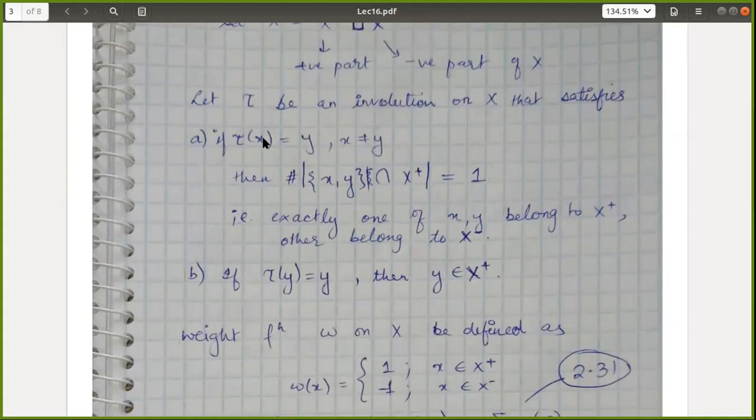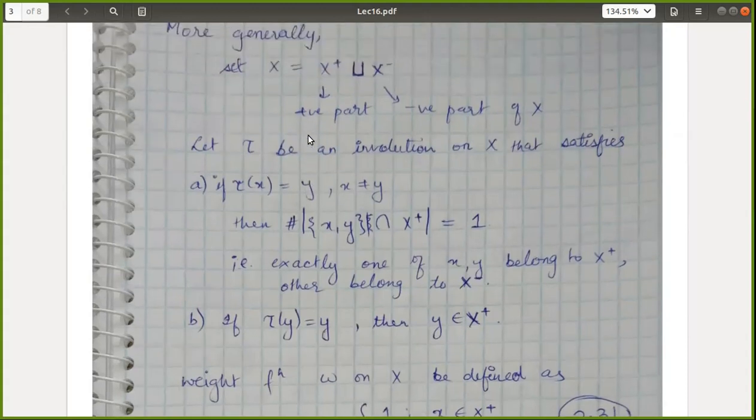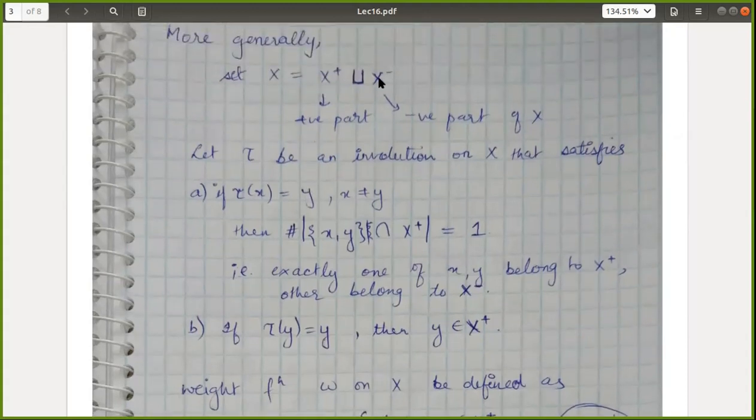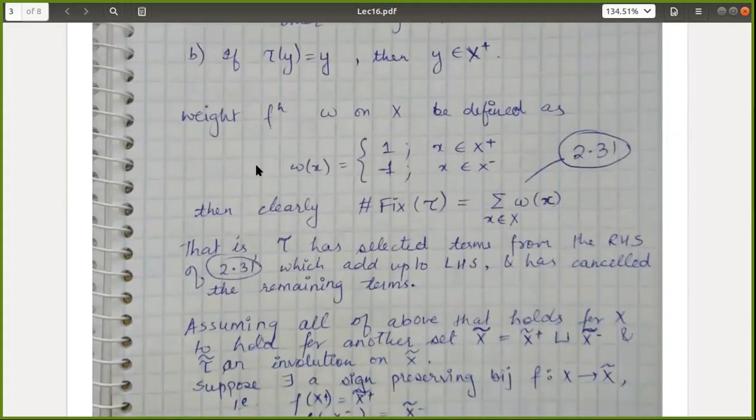So elements of X minus will have a total weight of minus 1 times cardinality of X minus, and that much gets subtracted from the cardinality of X plus. So once you have taken out as much part of this from here, then whatever is left here is exactly the fixed point set of this involution. So that is the number you have here. Correct?